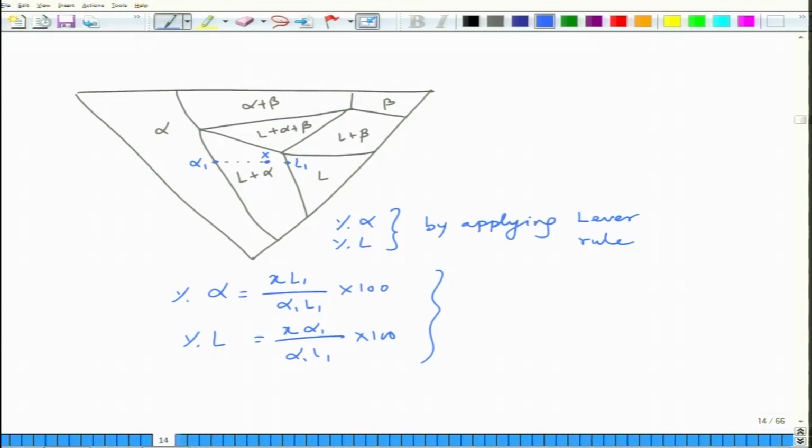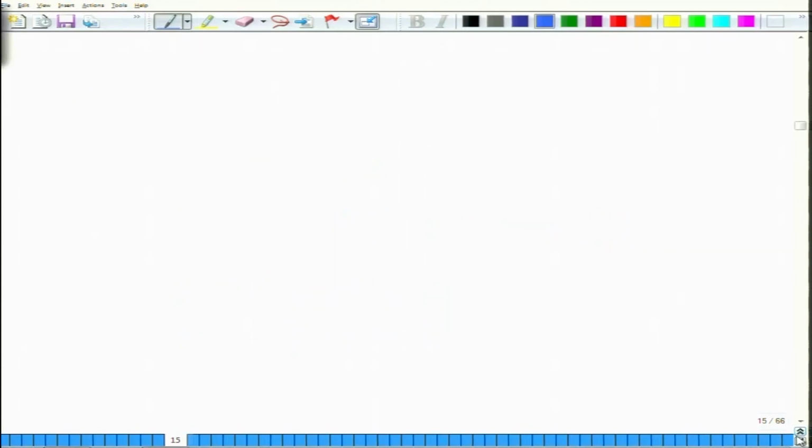This exercise can be extended to other temperatures as well. So, now this is about the 3 phase equilibrium in ternary phase diagrams. There are systems with 4 phase equilibrium as well. We will just draw that without getting into details.